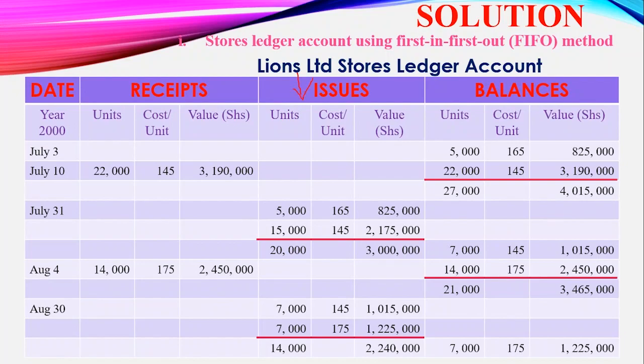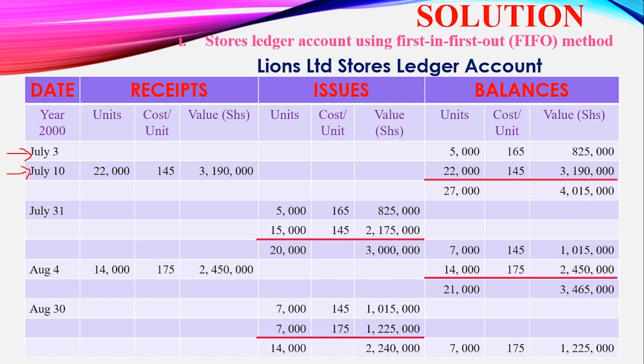So we are selling how many units? They're saying that they are selling 20,000 units. But remember, under FIFO, whatever is bought first is what is sold out first. So what does that mean? The stock that was acquired on 10th of July cannot be sold before the stock which was acquired on July 3rd. You see that?